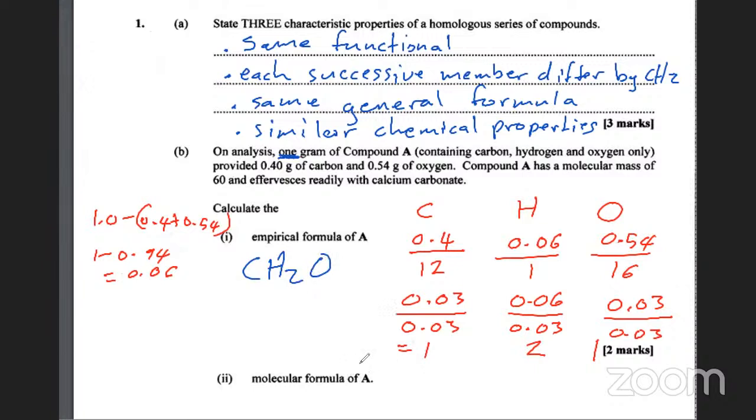For the molecular formula, we're going to find N. N is the molar mass of the compound, which is 60, divided by the empirical formula mass. For the empirical formula mass, 1 atom of carbon is 12, 2 atoms of hydrogen is 2, and 1 atom of oxygen is 16. 16 and 2, 18, 18 and 12 is 30.